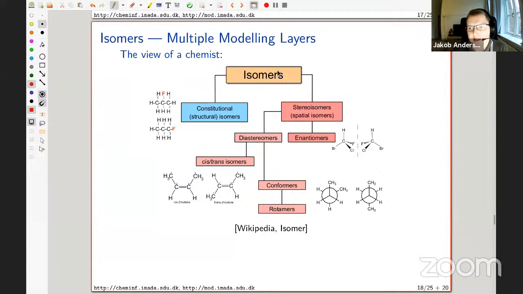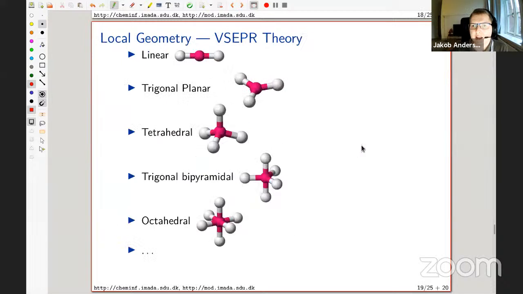So to make this more formal, how can we encode this local geometry on our graphs? It turns out that we can really go down. There's this nice VSEPR theory here. And the idea is, a bond is a pair of electrons or multiple pairs of electrons, and each atom core is a bunch of protons. So it really is just magnetic repulsion.